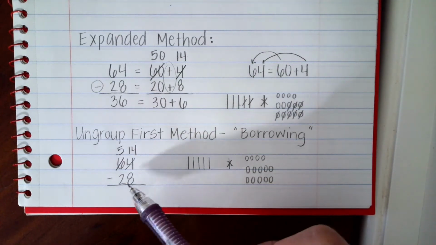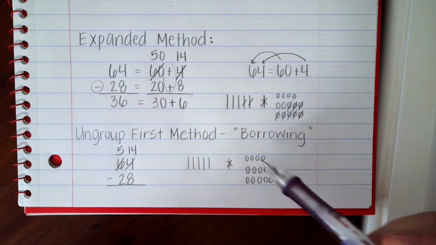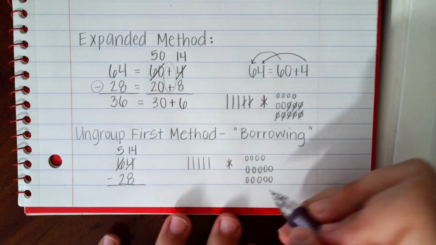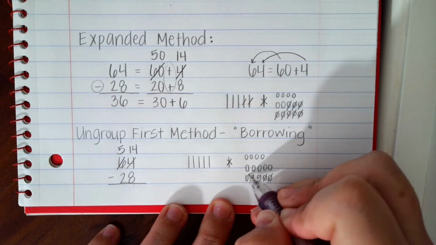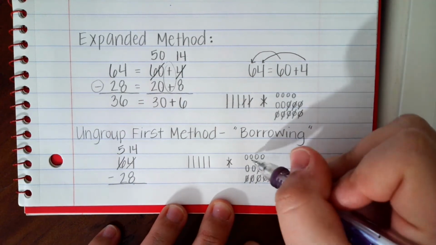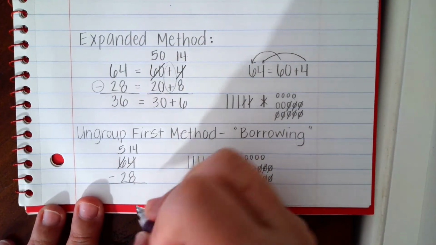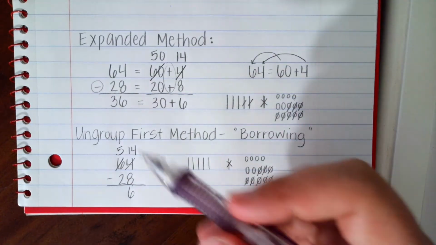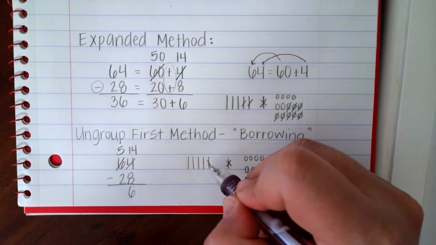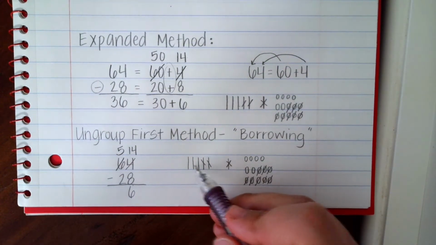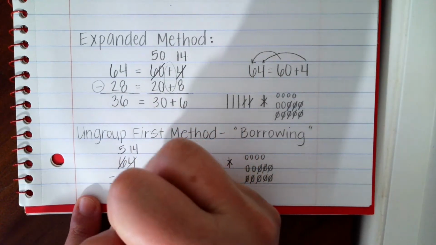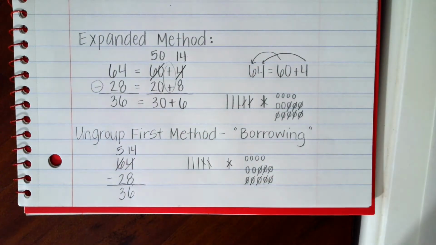Now I can do 14 minus 8, just like I can take away 8 right here. So if I take away 8, I'm left with 1, 2, 3, 4, 5, 6. 14 minus 8 is 6. And then if I take away 2 tens, I'm left with 3 tens. 5 minus 2 is 3.